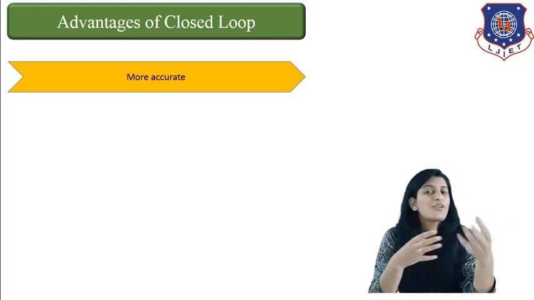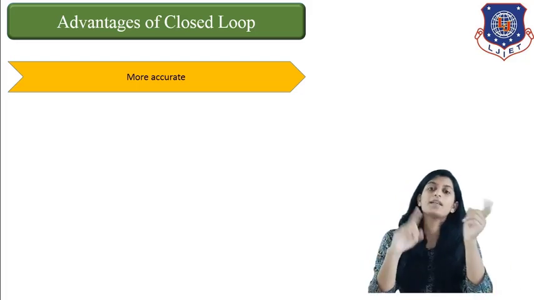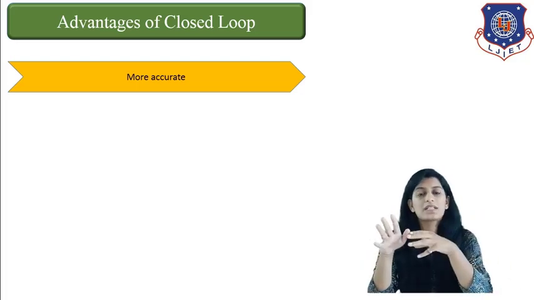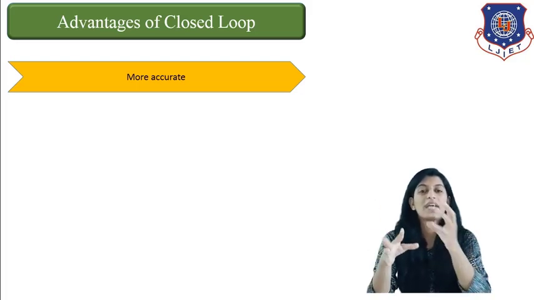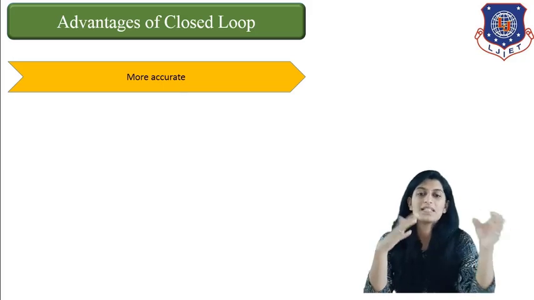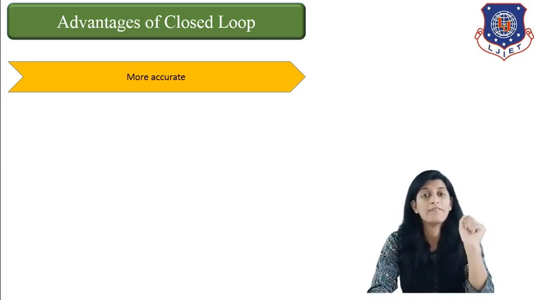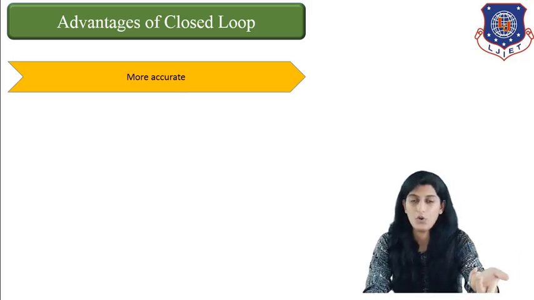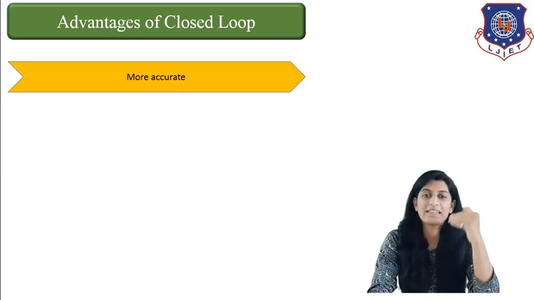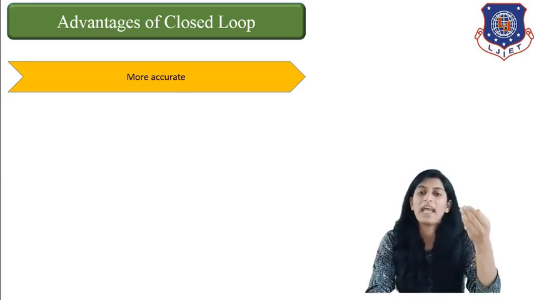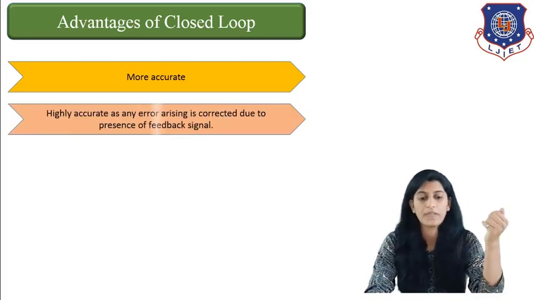So we cannot control our output or what we are getting from our system. But in case of a closed loop system, the entire thing, input, output and the rest of the parameters, each and everything can easily be controlled. We have hold over our output also. So we can easily control our output, and that's why it is more accurate. It will precisely give you your output.